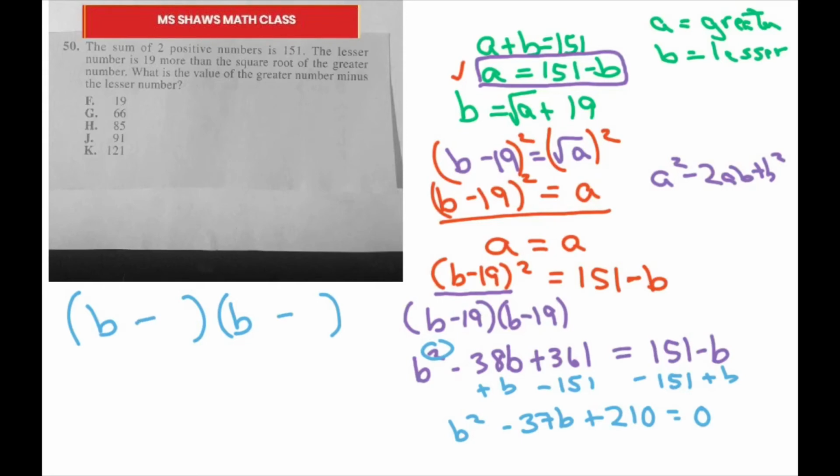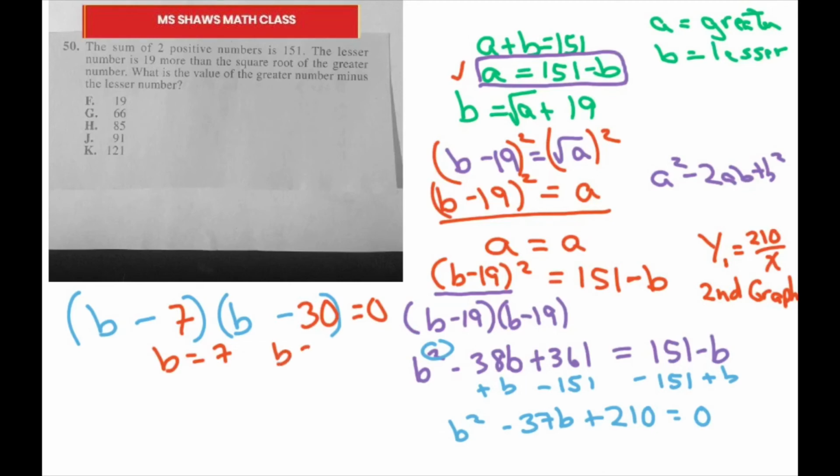Now, a good way, if you have problems factoring, if you have a calculator, is go to your TI, go to Y1, and type in 210 divided by X, and then do second graph, and look at the table, and see which numbers are going to give you a 37. So when I did that, I got minus 7, minus 30. Or if you're good at factoring, you're good to go. So basically, our two values are B equals 7 and B equals 30.